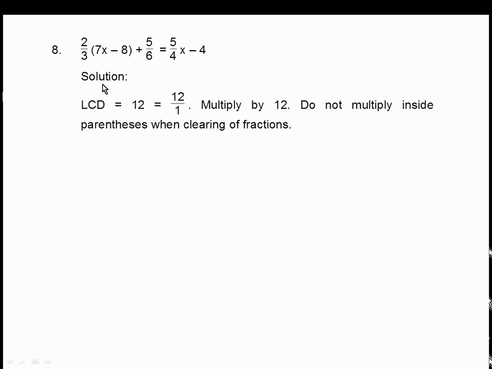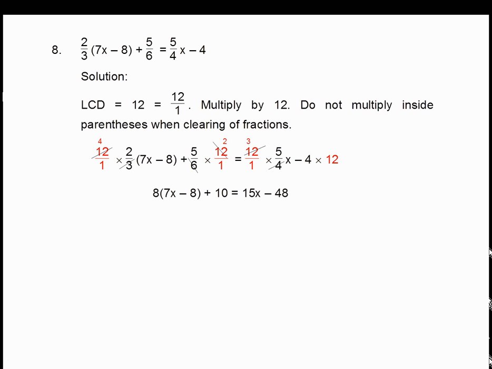So again, multiply all the expressions that are outside parentheses by 12, including the 4. Do not go inside parentheses when you're clearing of fractions. So there I'm multiplying by 12 over 1 for everybody. Okay, do your canceling. 3 goes into 12 4 times. 6 goes into 12 twice. 4 goes into 12 3 times. So I'll have 8 times 7x minus 8 plus 10 is equal to 15x minus 48.